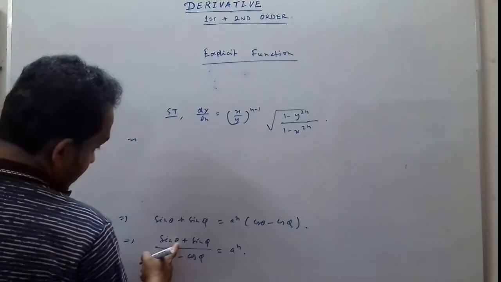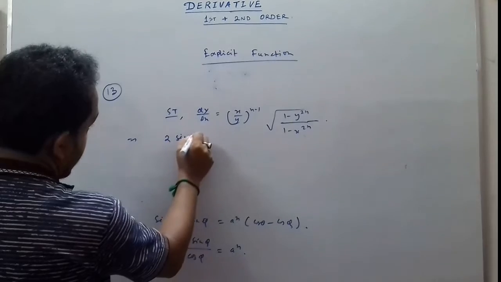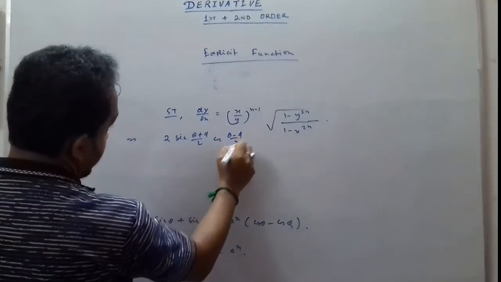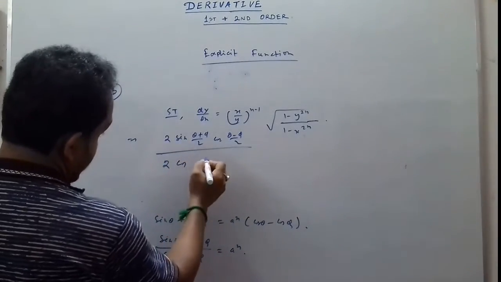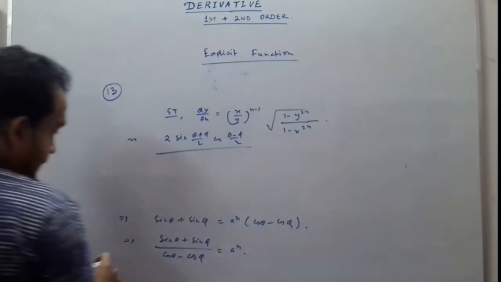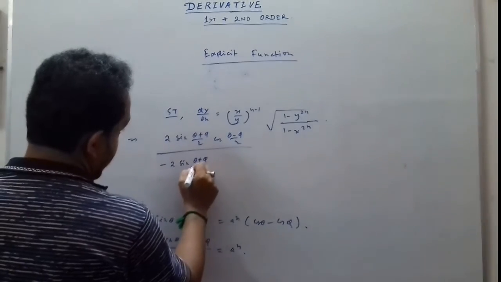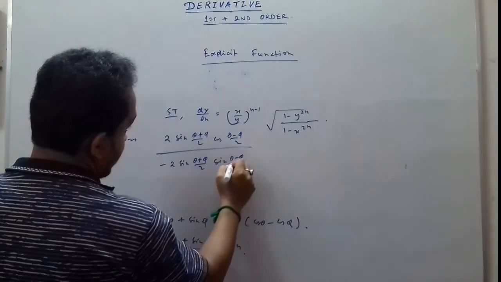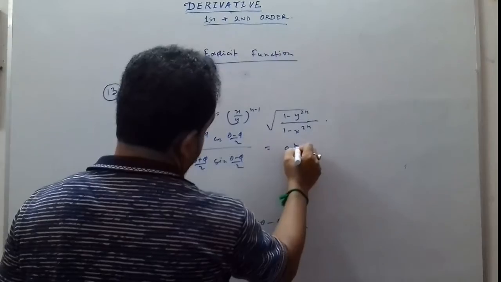Now we know that sin theta plus sin phi is equal to 2 sin theta plus phi by 2 into cos theta minus phi by 2, whole divided by 2 cos theta minus cos phi, that is, this is equal to minus of 2 sin theta plus phi by 2 into sin theta minus phi by 2. This is equal to a power n.